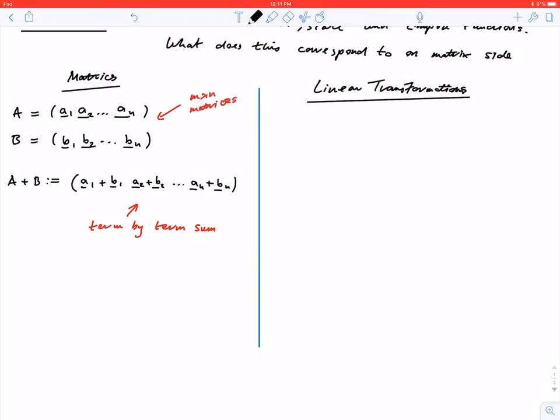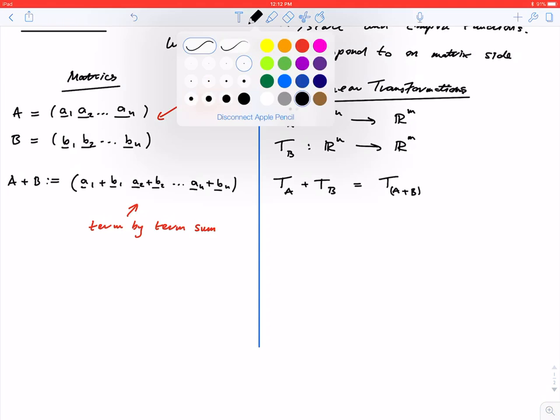Over on the linear transformation side, I would have TA from Rn to Rm and TB from Rn to Rm. If I have two functions with the same domain and codomain, I can sum them up. So TA plus TB is actually equal to the linear transformation coming from A plus B.